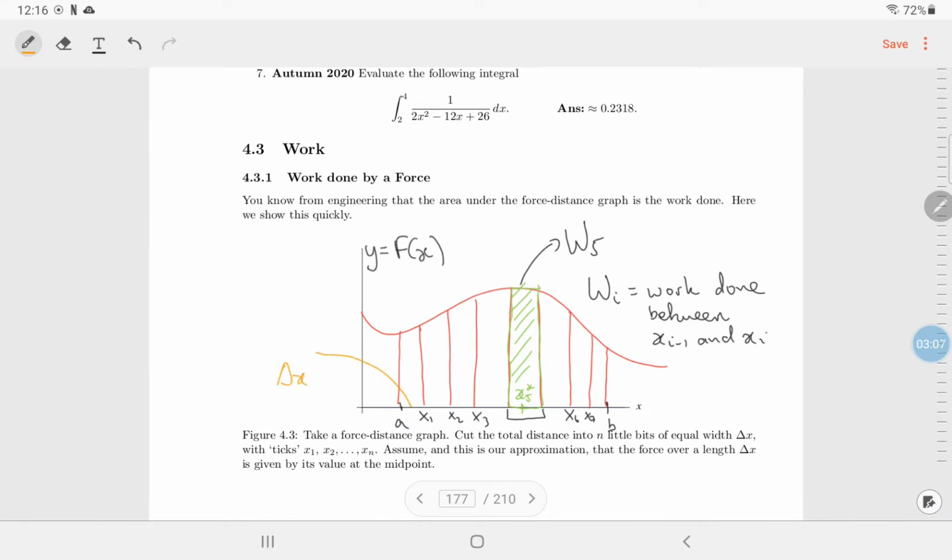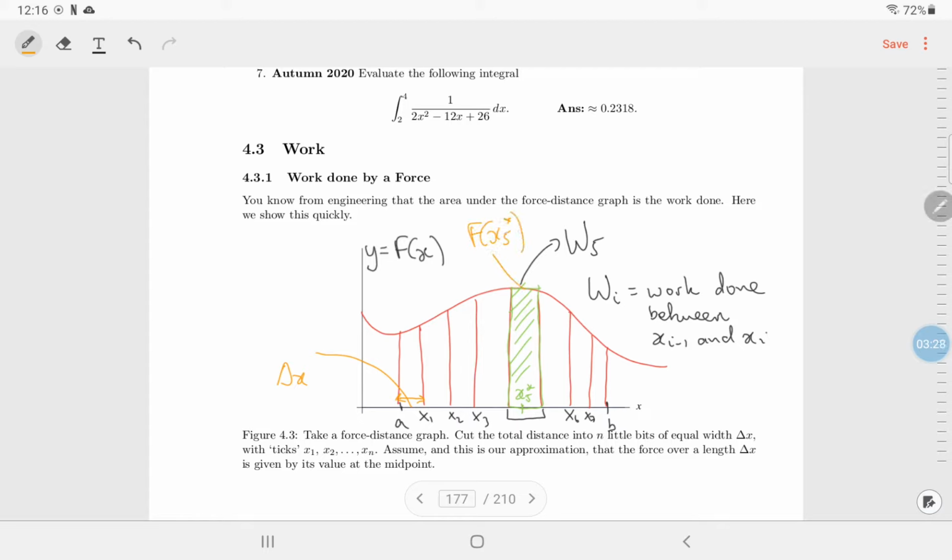So delta x is the width of one of these. If I do the force at x5 star times the distance delta x, I have an approximation of the work done. It's not a perfect approximation because the force here is f of x5 star.